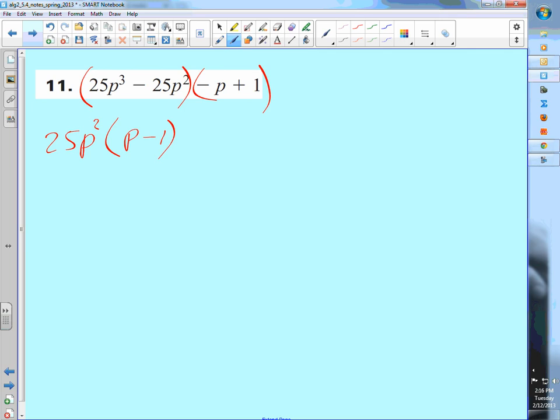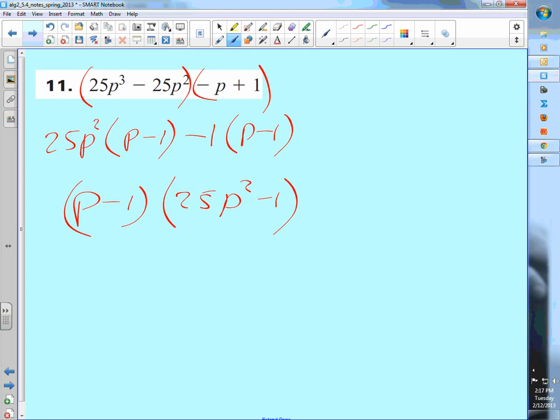Here, you have to pull out a -1, and that's going to give you p minus 1 also. The p minus 1 comes to the front, and 25p squared minus 1 is in the second spot. So if it appears that nothing's in common, you may have to factor out a -1, and if this was a plus p, you would have to try factoring out a positive 1.